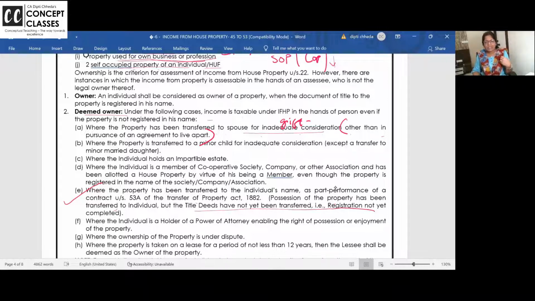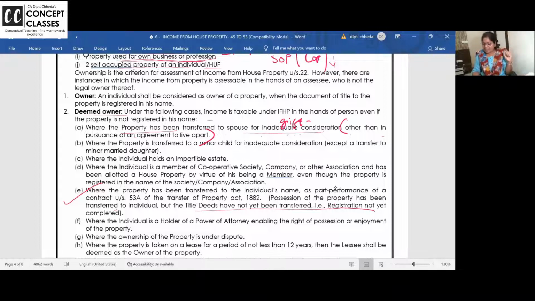You don't take money, you give a gift. So we have gifted the property out of love and affection. So husband has gifted to wife. So who is the legal owner? Wife. But who is the deemed owner? Husband. Only in property cases, deemed ownership still lies with the husband.